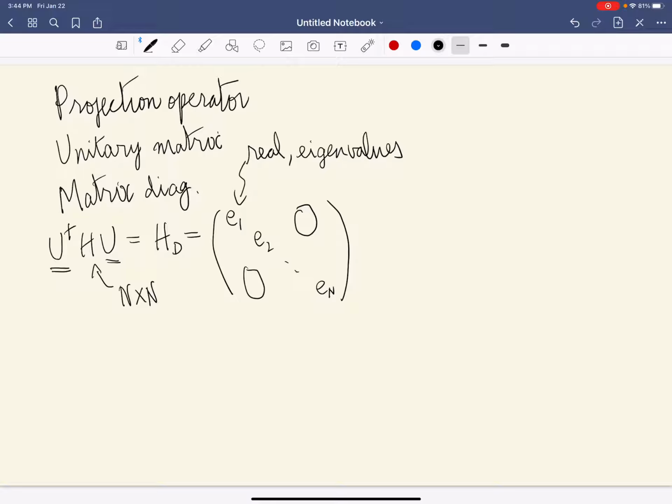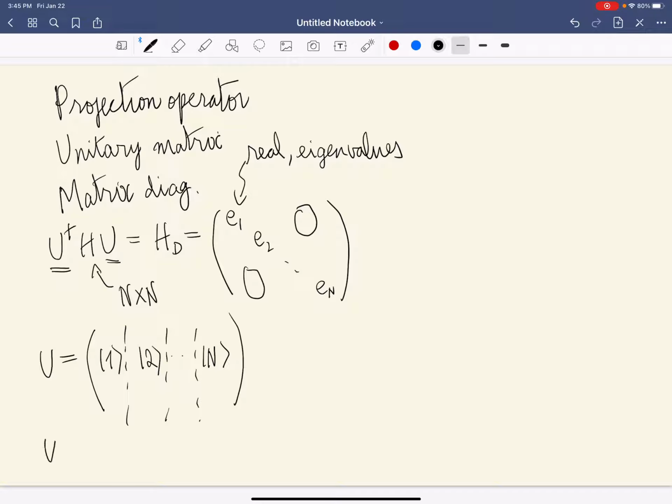We also learned that it's possible to construct the unitary matrix simply by stacking the various eigenvectors, each eigenvector occupying a given column in an n by n unitary matrix.